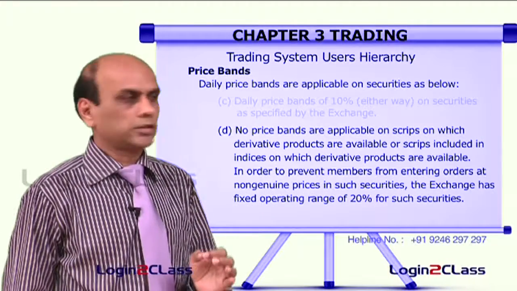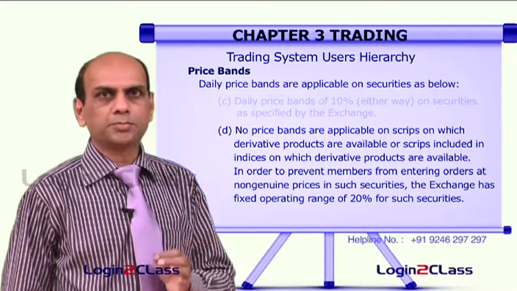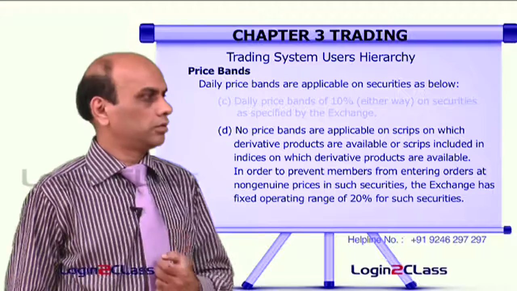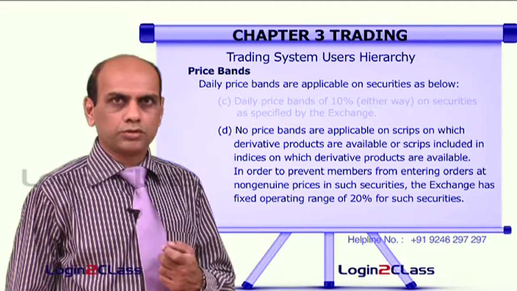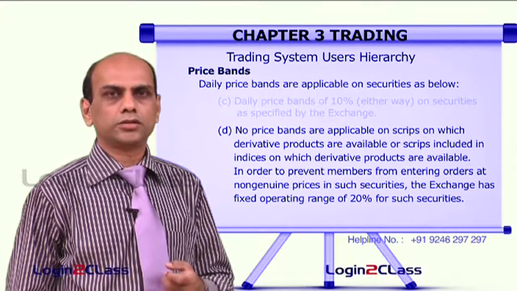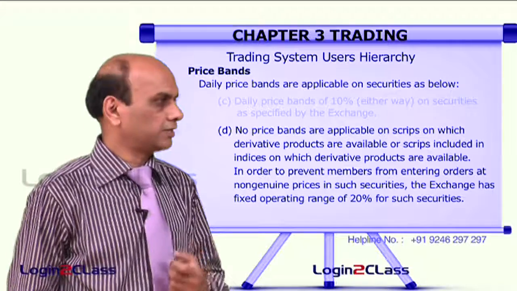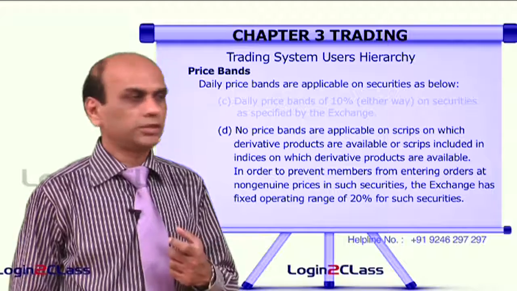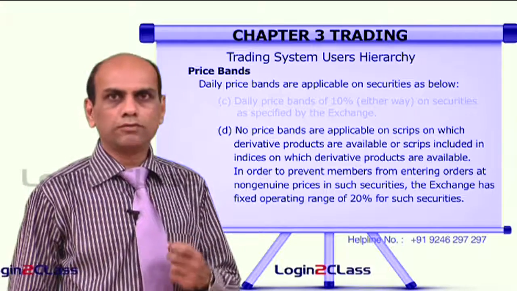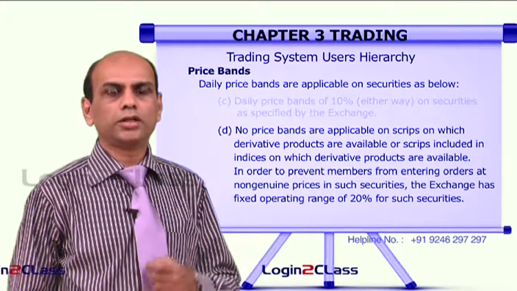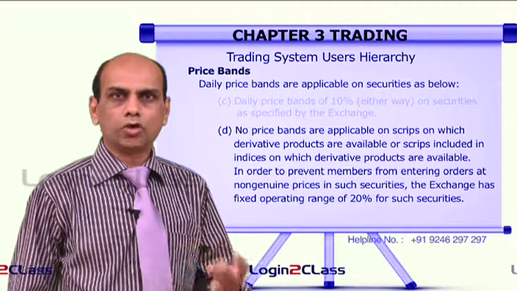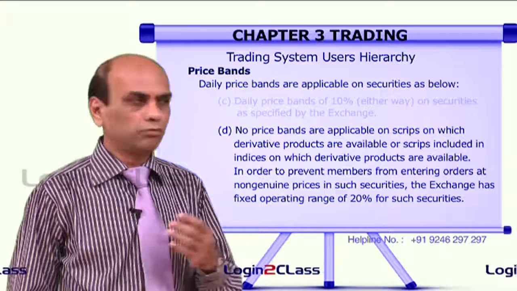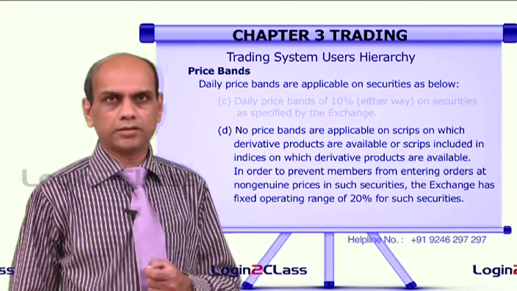No price bands are applicable on scrips on which derivative products are available. That is, scrips which are in the derivative segment do not have any price bands. All other stocks will have a price band of 20% either way, that is, scrips which are not in derivatives, which are not in the 2% price band, which are not in the 5% price band, which are not in the 10% price band.